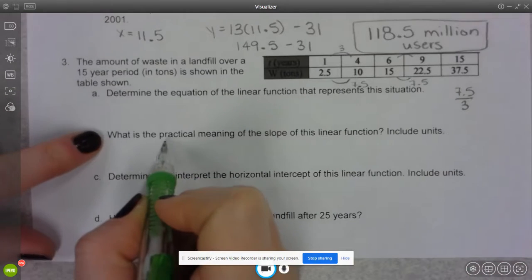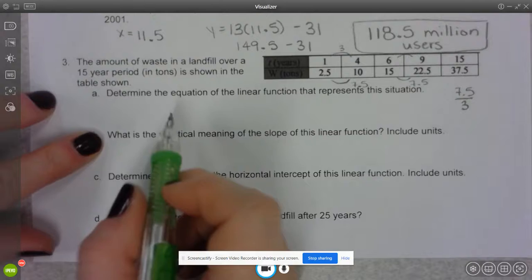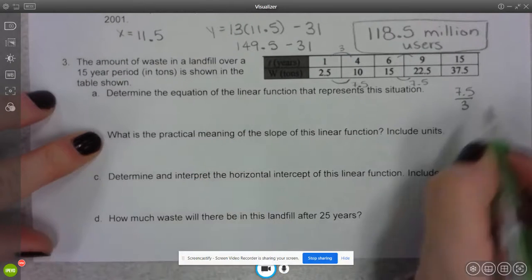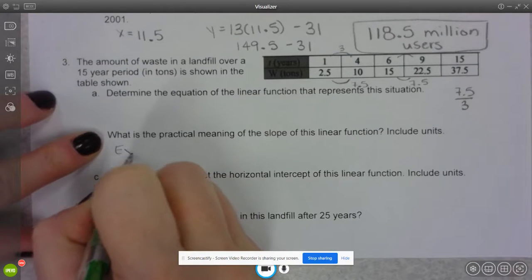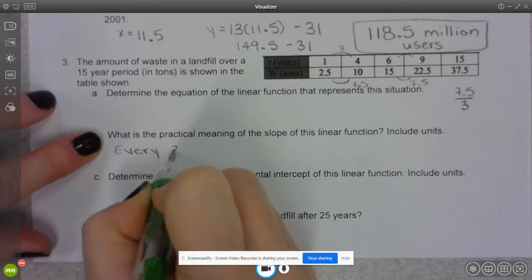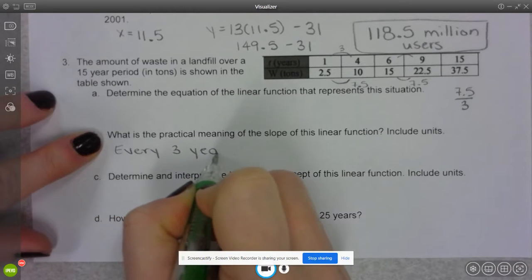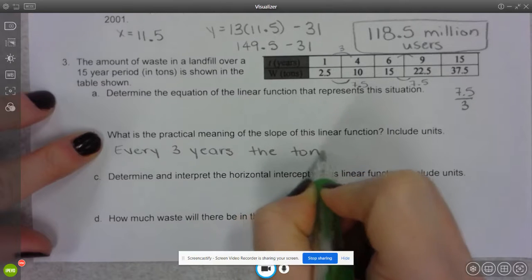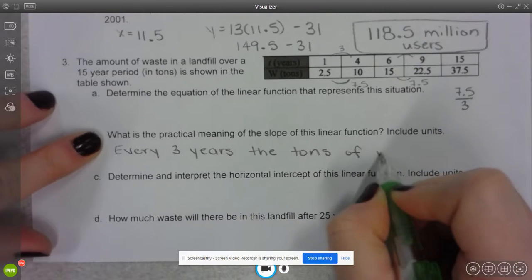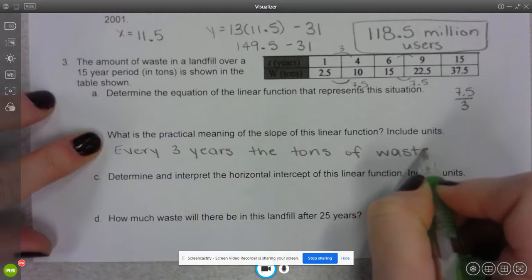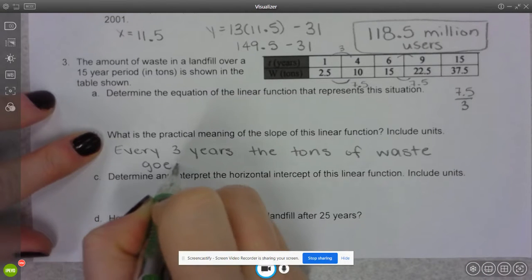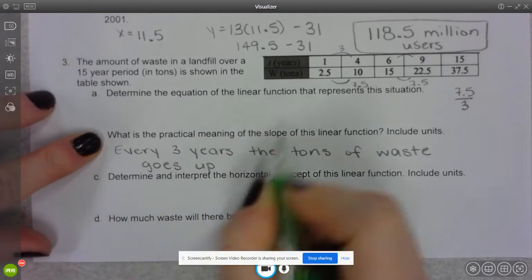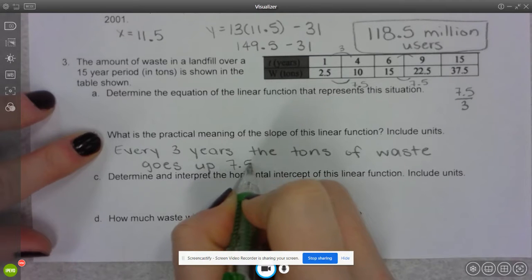So talking about the slope, this means every 3 years, the tons of waste goes up 7.5.